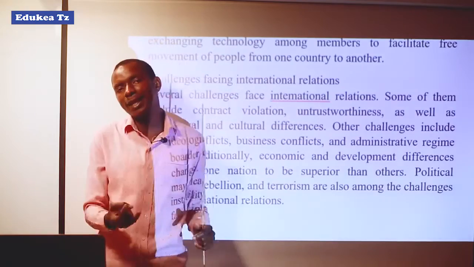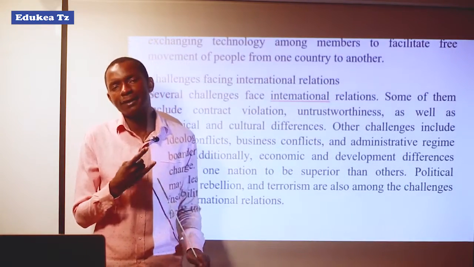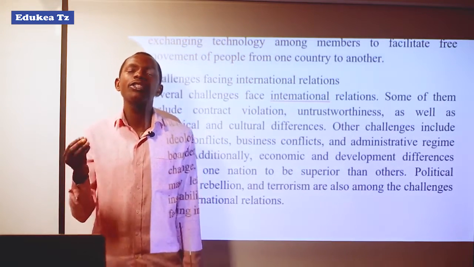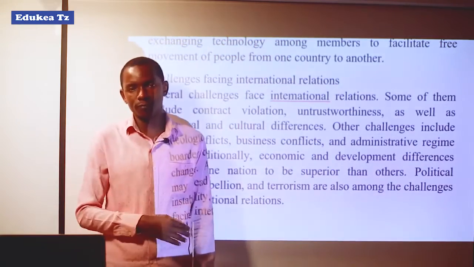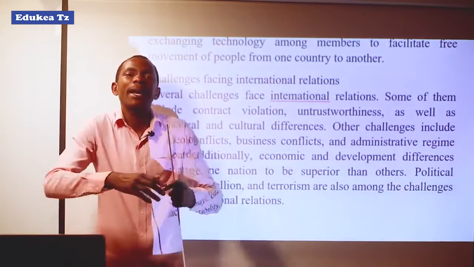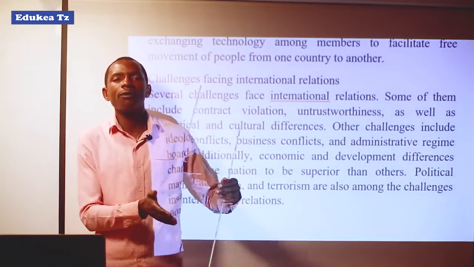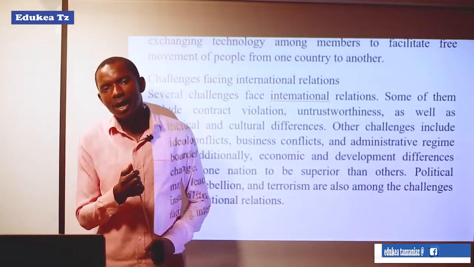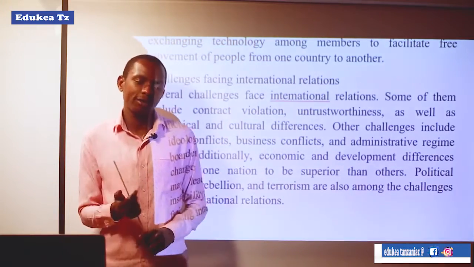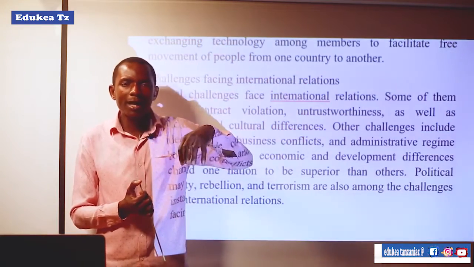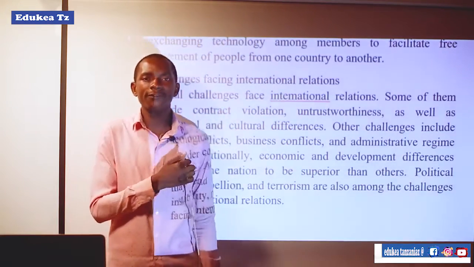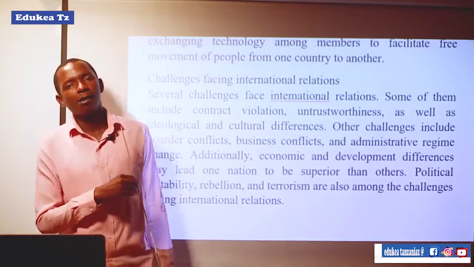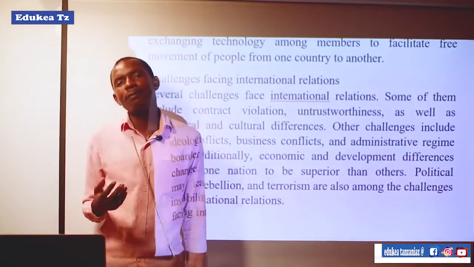Another challenge can be ideological difference. We have seen the first East African Community, which was formed many years ago, was separated because of one among the challenges, which is ideological difference. Some member states believed in capitalism, and others believed in socialism.